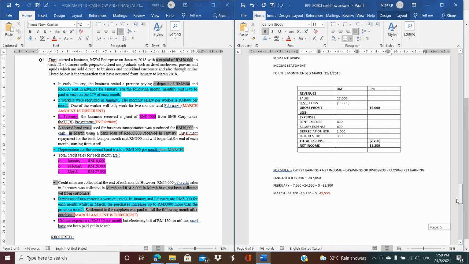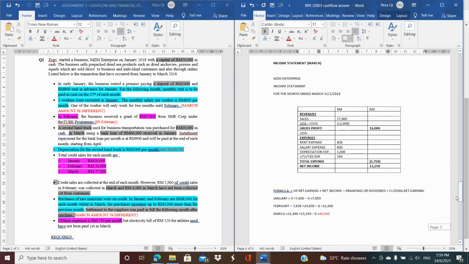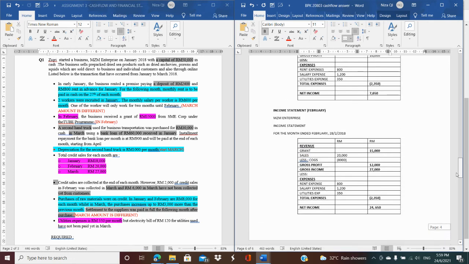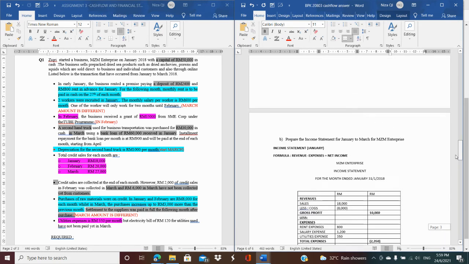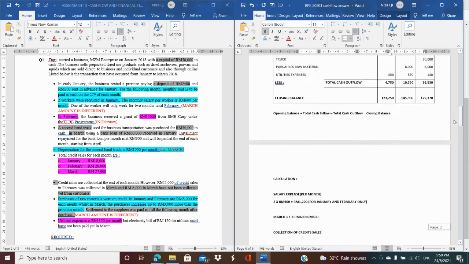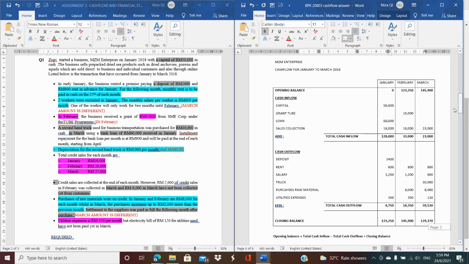So I think this is correct. The income statement is correct. So the only correction is in the cash flow. Something is wrong in the calculation.